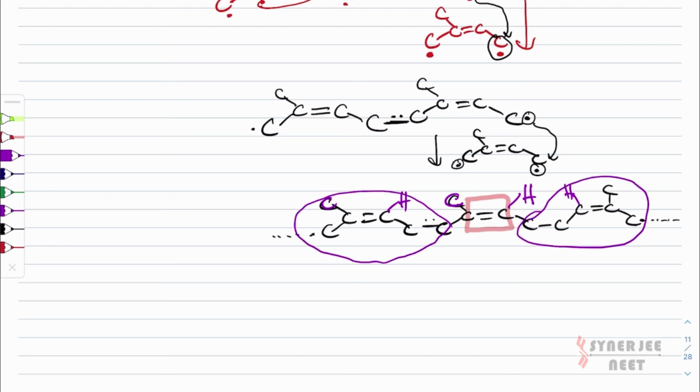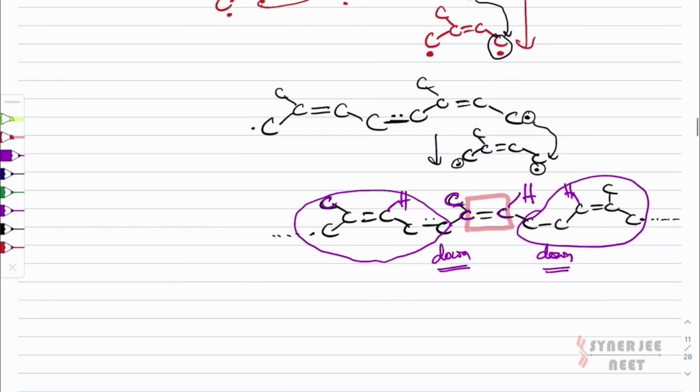As you see, these two groups attach to the double bond carbon and they are in the same direction. This is downside and this is also downside. So like that, no matter which double bond you select and notice it, the bulky group attached to the double bonded carbon will be on the same side. The lighter group C and H will be on the same side. Therefore, this is a cis compound. That's why natural rubber is a cis compound.